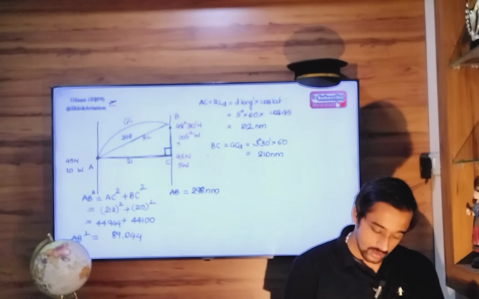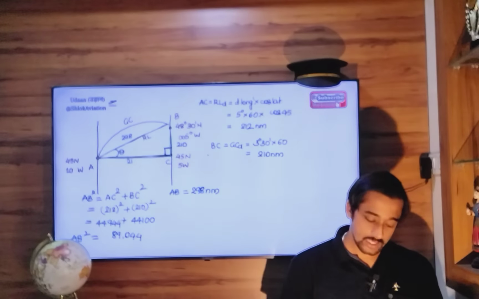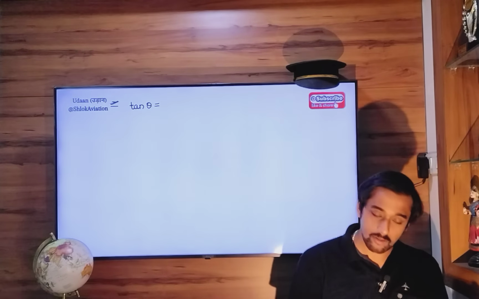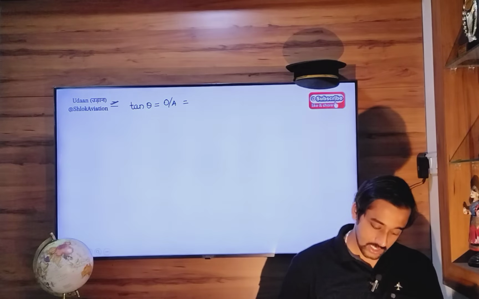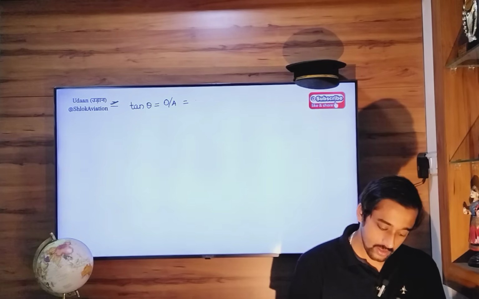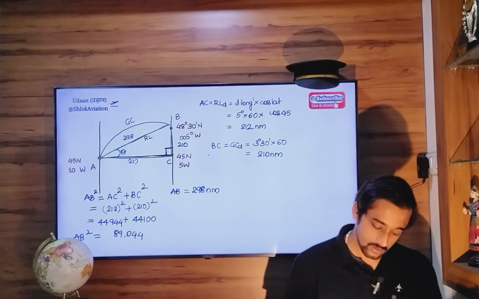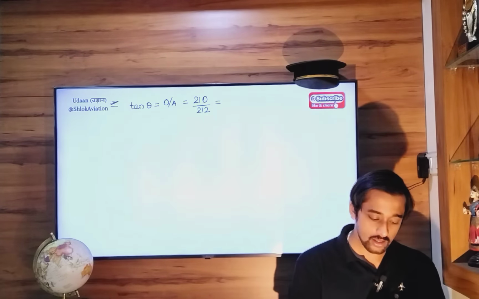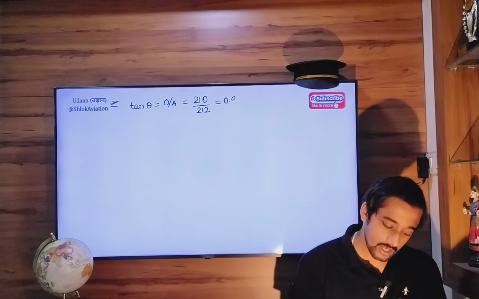Now let's find this angle theta. Tan theta is opposite upon adjacent. Opposite is 210, adjacent is 212. 210 divided by 212 is 0.99.